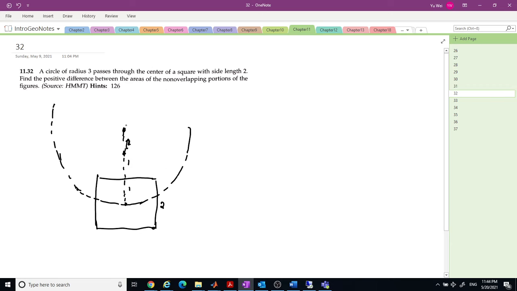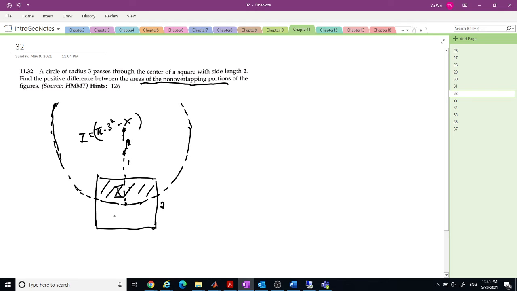Okay, so it's asking us to calculate the difference between the areas of the non-overlapping portions. So the overlapping portion is this, right? Let's say this area is x. So the first non-overlapping portion is equal to pi times 3 squared minus x, right?